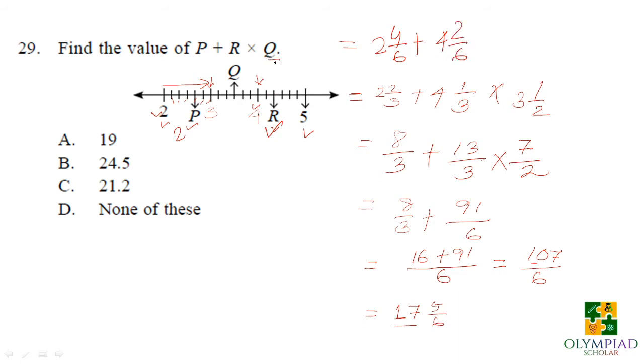And then I have to write Q. So Q is like after 3 we get Q. It is exactly in the middle of 3 and 4, so definitely it is 3 and a half. So let me write it like 1, 2, 3, and there are 6 divisions, so it will be like 3 by 6.